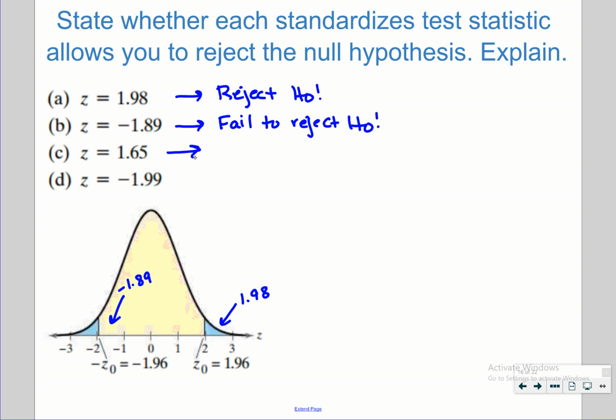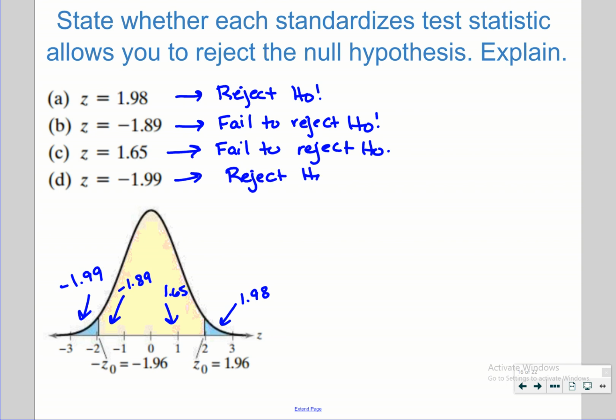Okay, what about 1.65? No, it's over there somewhere. Fail to reject. Okay, and what about negative 1.99? That guy's on the far side there, so we would reject the null. Okay? Questions there? Making our decisions.